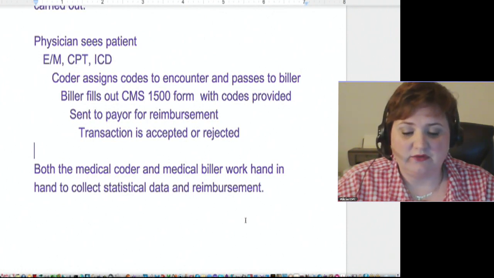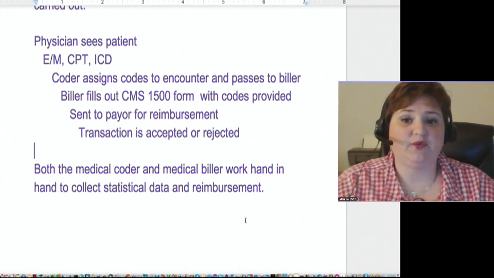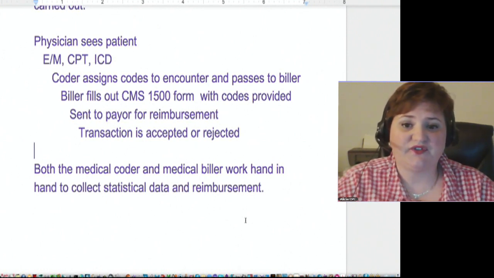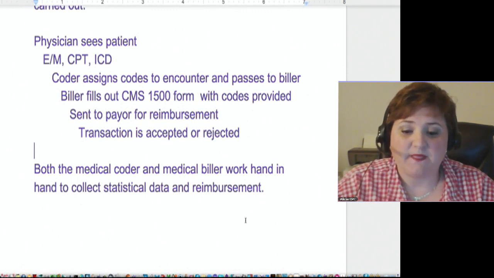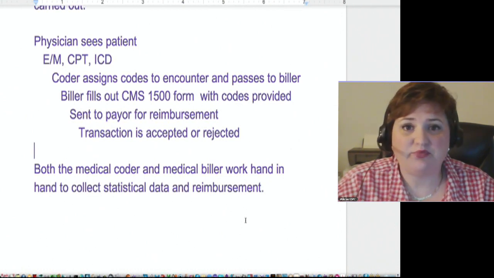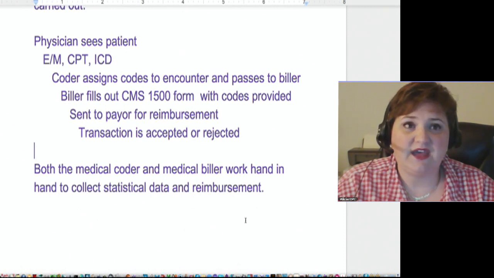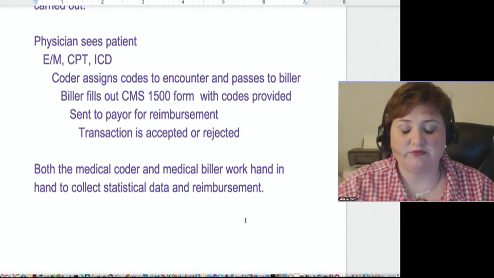The information the coder provides is given to the biller, who sends it off for reimbursement, but it's also stored for statistical data, and that way Health and Human Services can tell how many patients had breast cancer in Dallas, Texas in 1999, and how many of them had a mastectomy, and how many had a lumpectomy, and how many of them subsequently had cancer in the other breast within 5 years, or things like that.